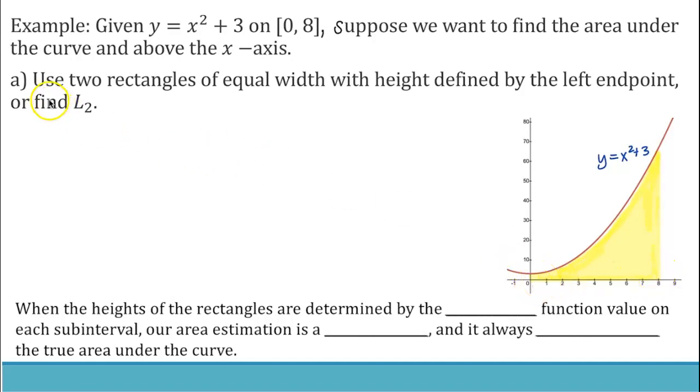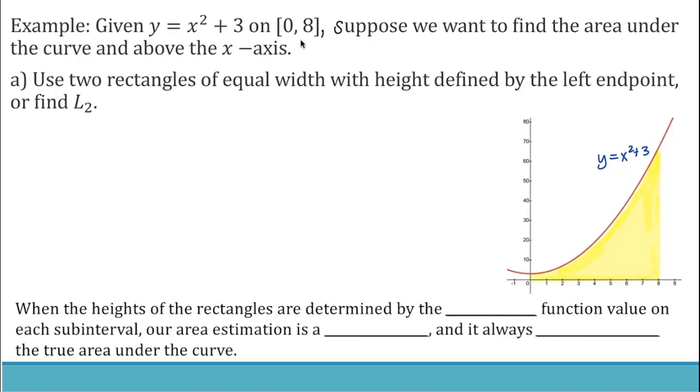So in part A, we're going to use rectangles, specifically two rectangles of equal width with height defined by the left endpoint, or we're going to find L2. So since we're going to have two rectangles of equal width over the interval from 0 to 8, I'm going to go ahead and calculate my delta x.